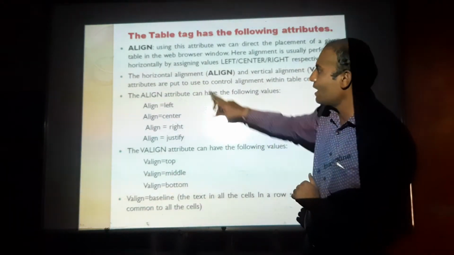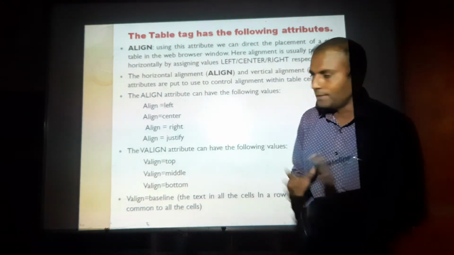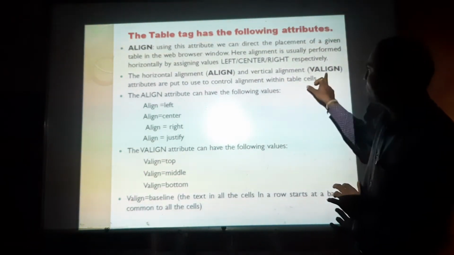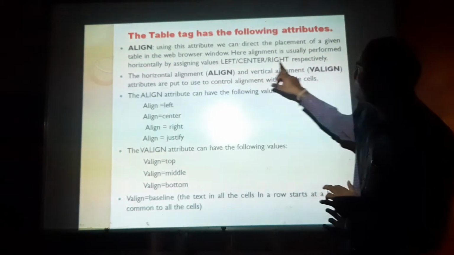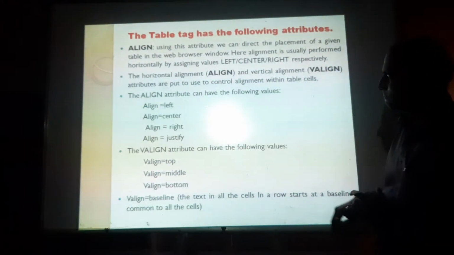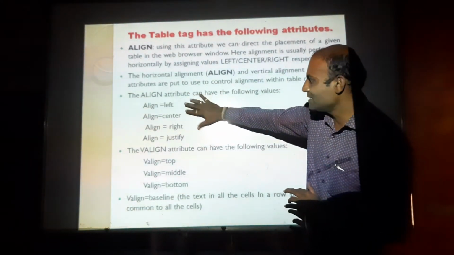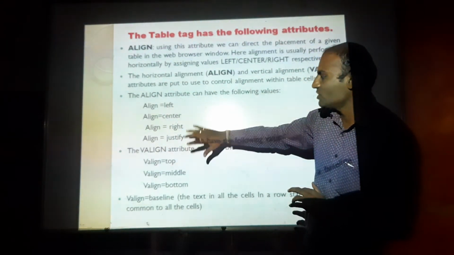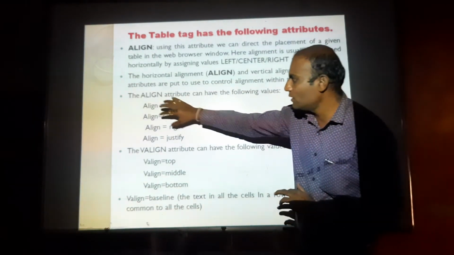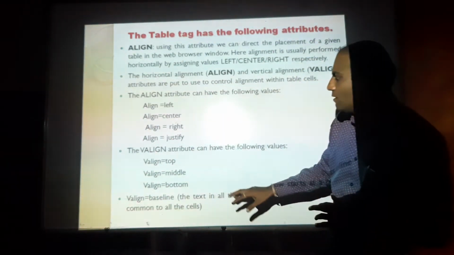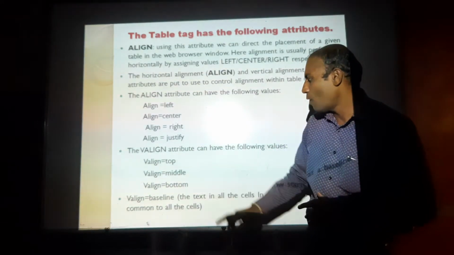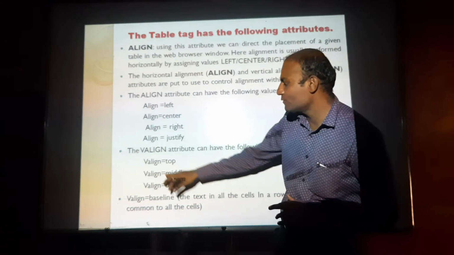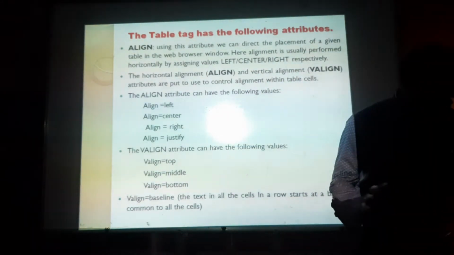For horizontal alignment we use just align. So we have both types of alignments, horizontal and vertical. For horizontal alignment, left, center, right and justify are the values for the align attribute. Similarly, top, middle, bottom and baseline are the values for valign, the vertical alignment.